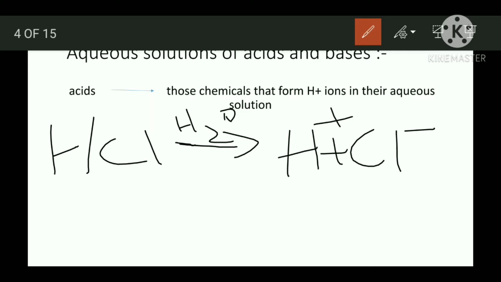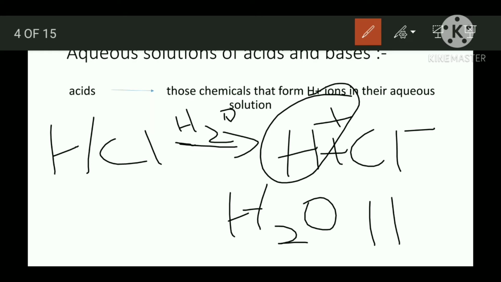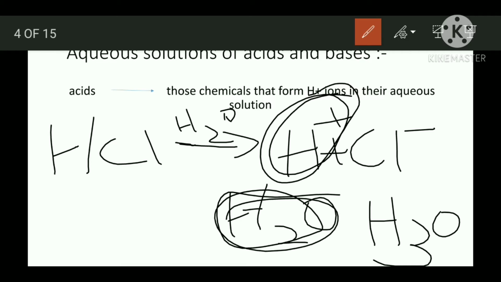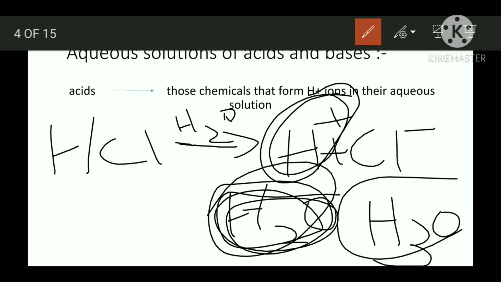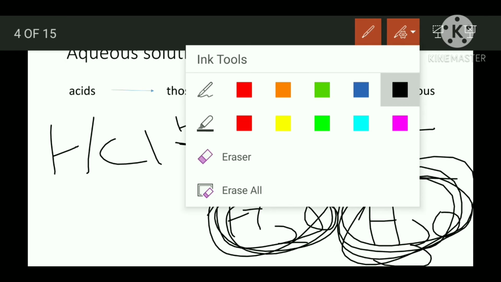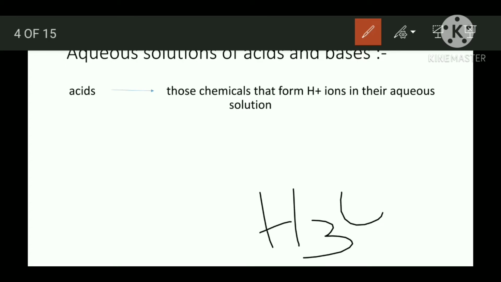Here, this H plus gets dissolved in H2O and it becomes H3O plus. See, as you dissolve HCl in water, you will get H plus ions, and these H plus ions remain in water and become H3O plus. Next, now you can take examples like H2CO3.